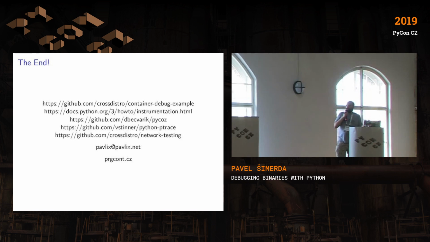I have here a couple of links that you might want to use. The first one is the container debug example that I created some time ago exactly for a talk like this. There is the full example that you can use with all the details and all the boilerplate, so it's immediately ready to use. There is a third link, which is from David Bečvářík.